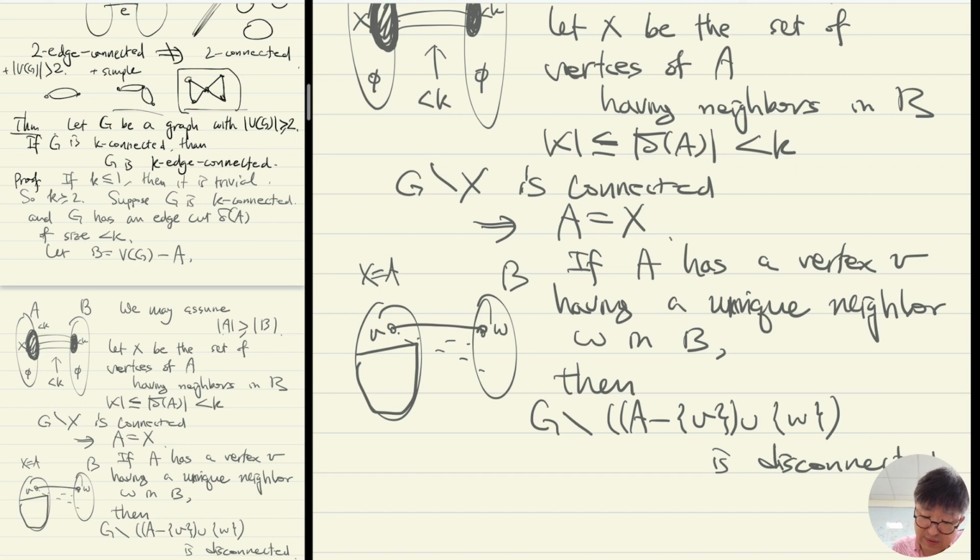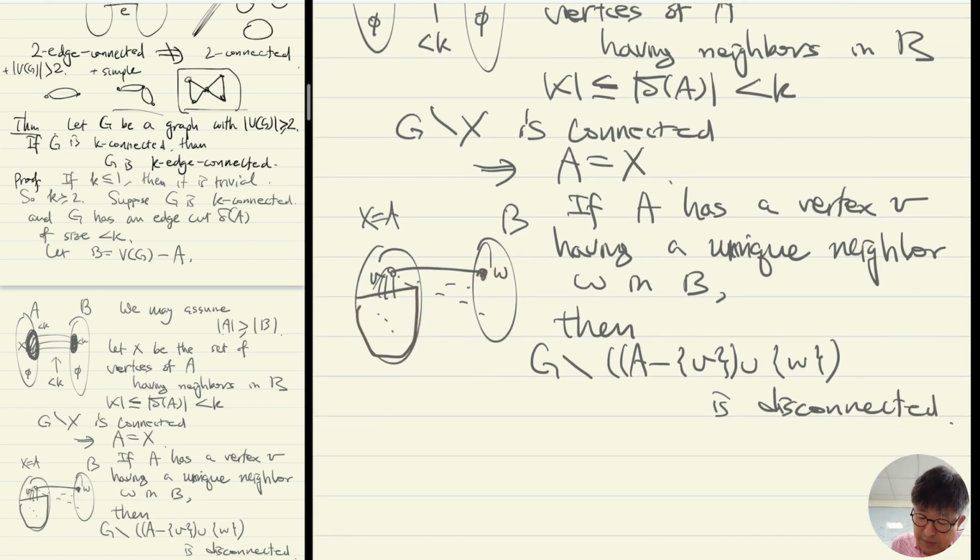Because V has no other neighbors on B side except W. Okay, so neighbors of V are either here or there. So if we have this thing, but size of A minus V union W is equal to size of A, this is still less than K, contradiction.